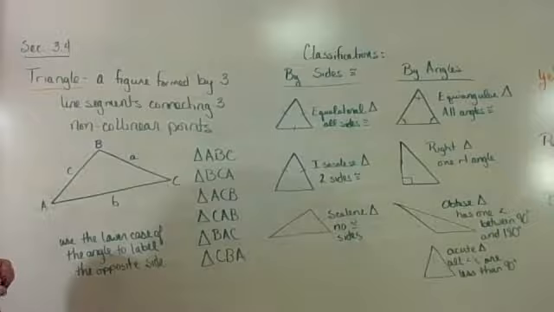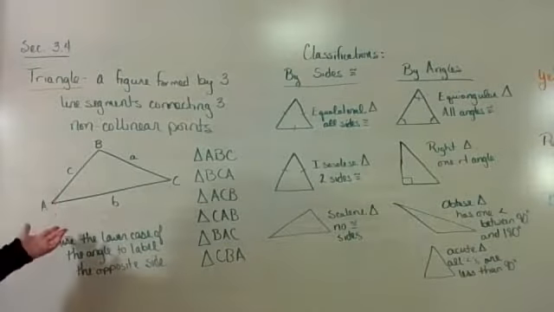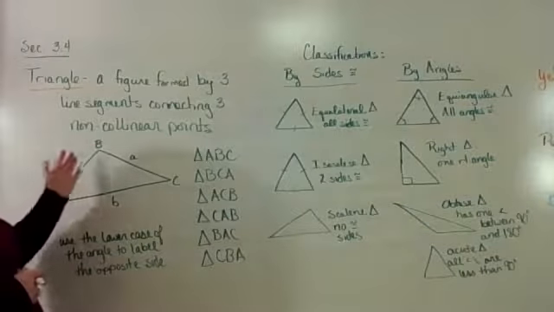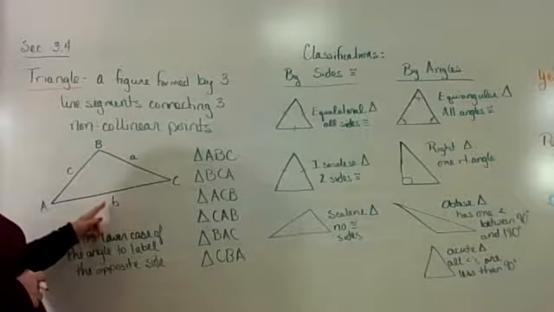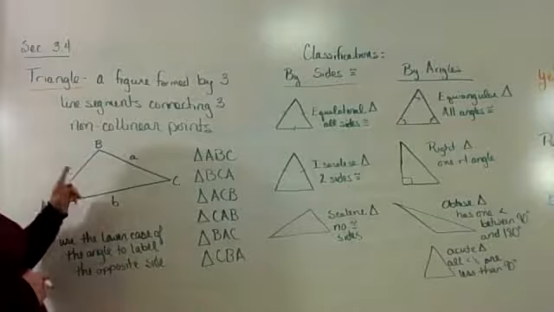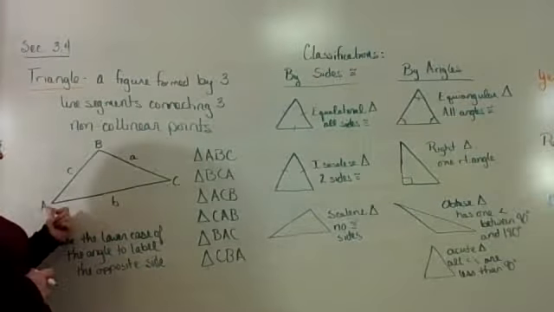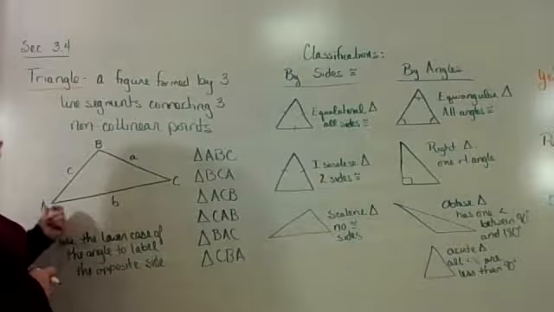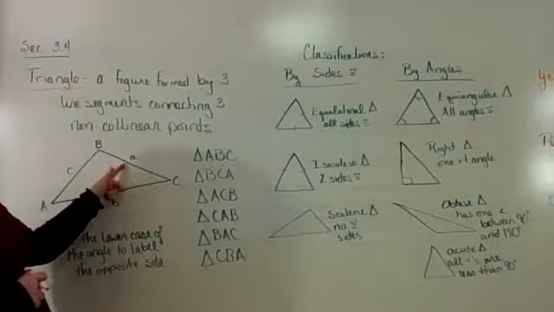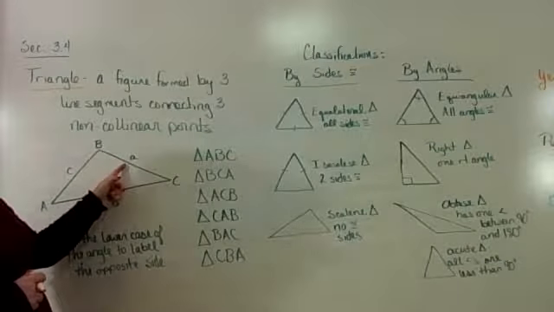Now, something you might not know: when you're talking about the sides of a triangle, they are all lowercase letters, and those lowercase letters should be the exact same letter as the angle opposite it. So this is a capital A for that vertex, so opposite that side would be my lowercase a.